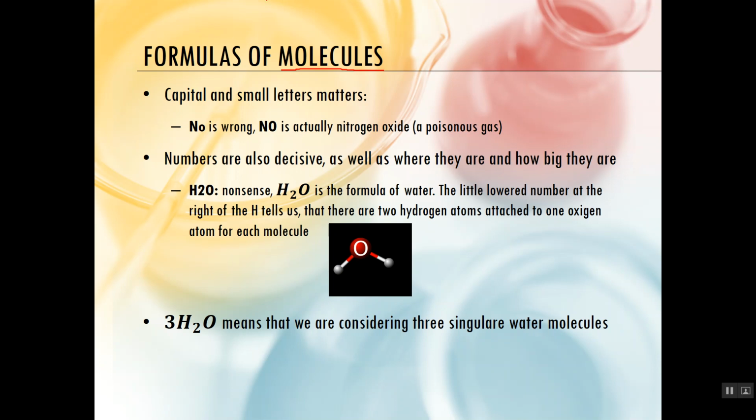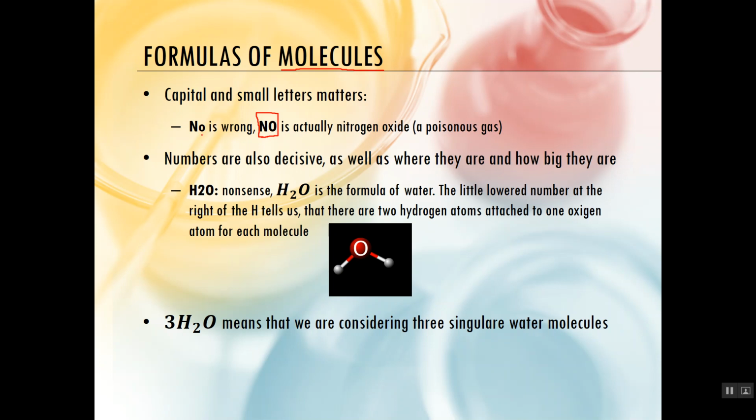For example, the molecule NO means we have a molecule called nitrogen oxide, which is made of a singular nitrogen atom and a singular oxygen atom. And it has to be written big N, big O, because otherwise, big N, little o would mean an element, a pure atom, which actually doesn't exist, if I recall it correctly.